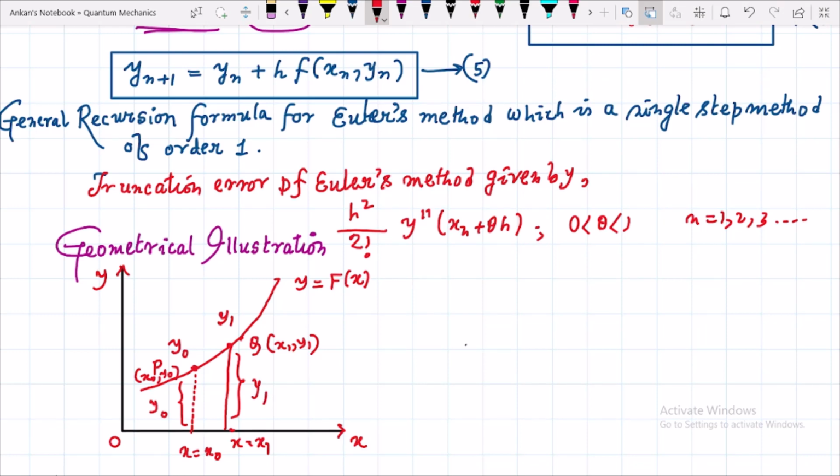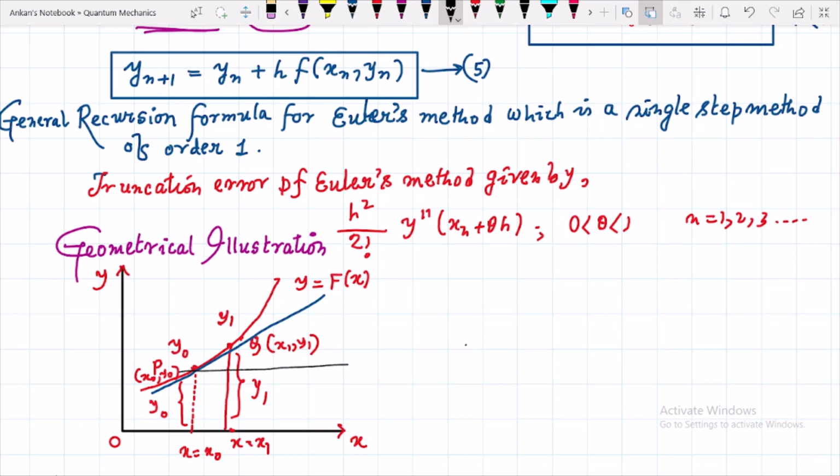Okay, so at first I have to find the slope of the curve. For this we must draw the tangent at the given point. Yes, at the initial point x0, y0, I have drawn a tangent, and from this tangent you can calculate the slope of the curve by drawing an axis parallel to the x-axis.